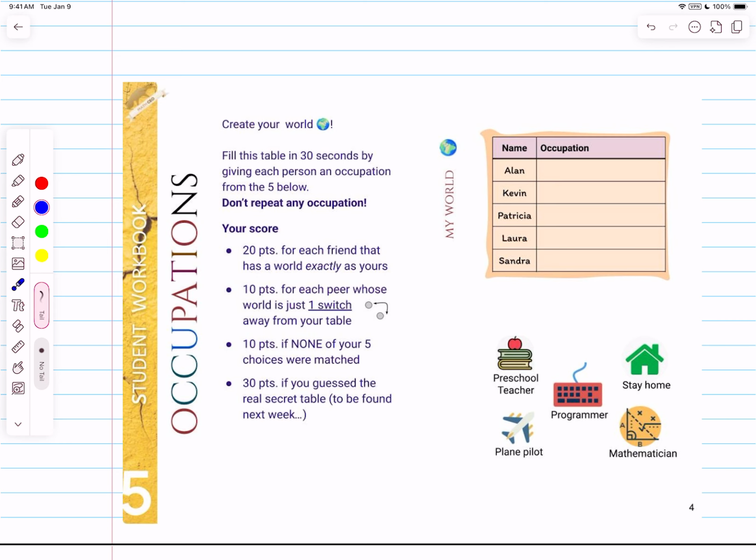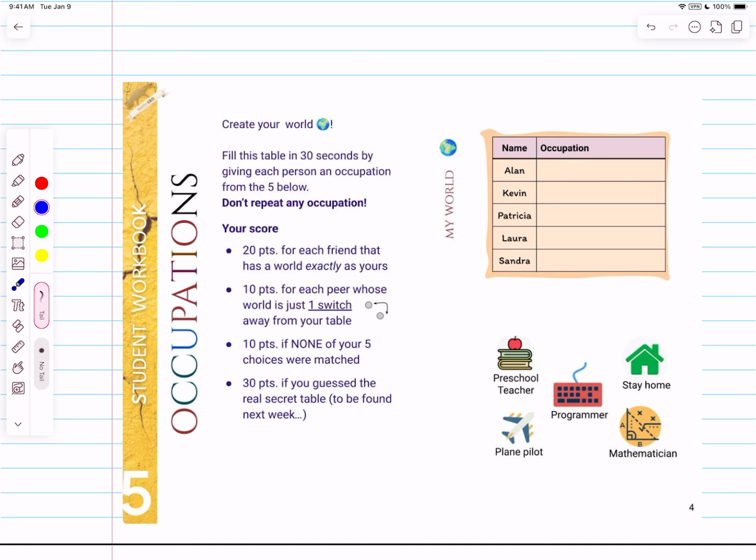And you can open up a really productive and deep conversation about stereotypes with this activity. Why do so many people have Alan listed as the same occupation? Why do all these people have very similar tables? You can ask those questions and you can really start to investigate those sort of deep-seated stories that society tells us, right? So there's quite a bit of cultural aspect to this.